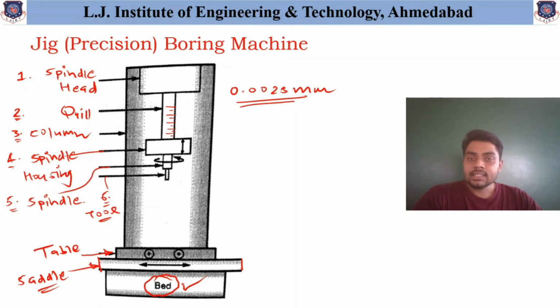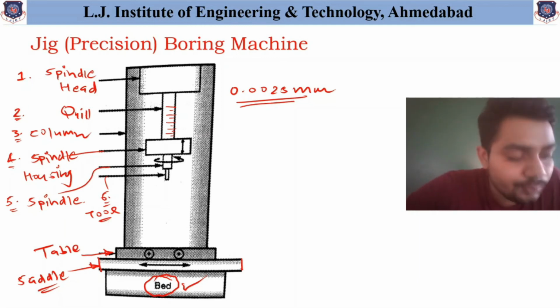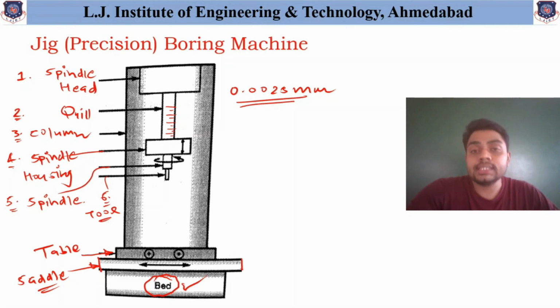Other than this, the use of different parts and the operating conditions are similar to those of all the different boring machines that we have discussed. We have also listed that this jig boring machine has two specific types: the vertical type jig boring machine and the planar type jig boring machine.